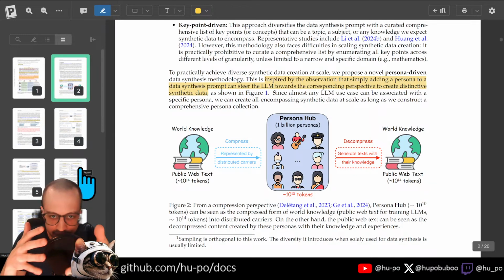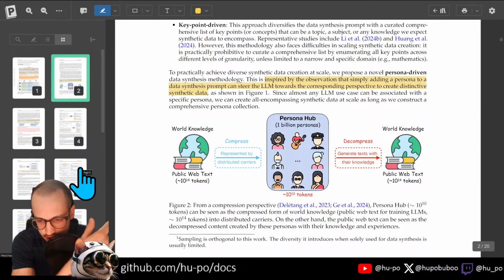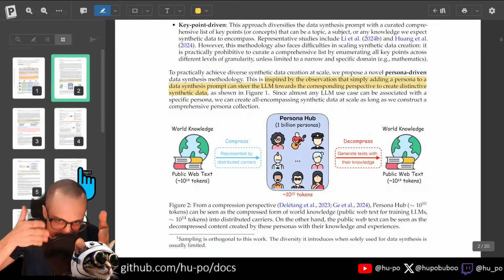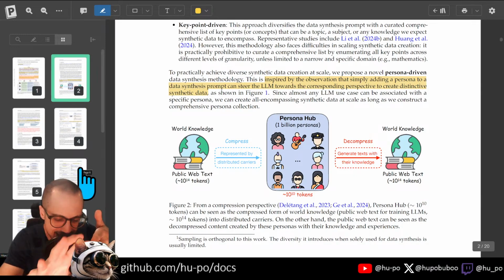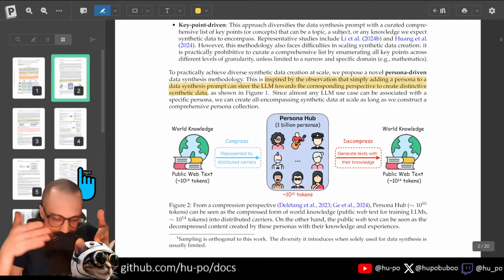Where whoever wrote that text has some backstory, and that backstory, which is some inductive bias on like reasoning and word choice and all that stuff, you can literally switch that perspective to a different human persona, and now you have the same concept, but augmented by a different viewpoint.